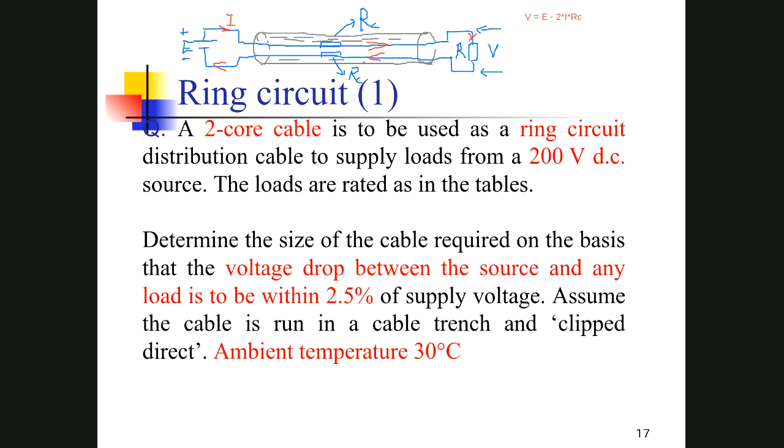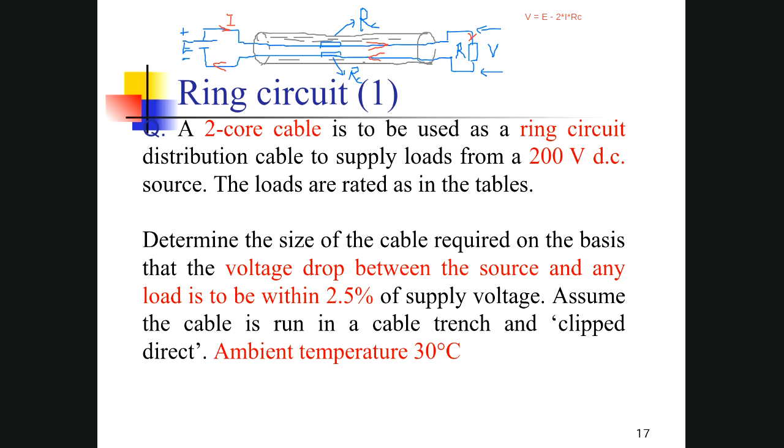Or E equals V plus 2 times the current on the cable times the one core resistance of the cable. The 2 here means two cores.